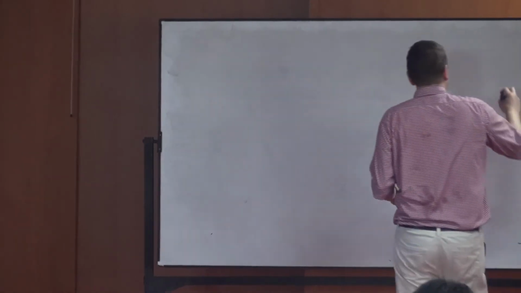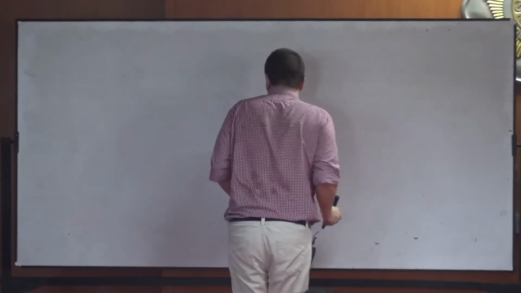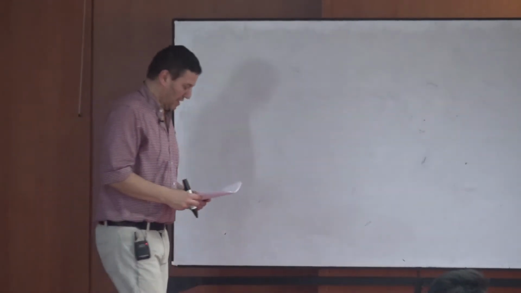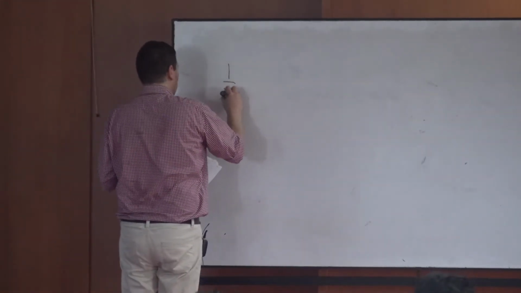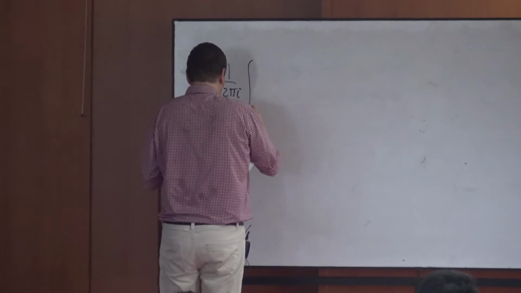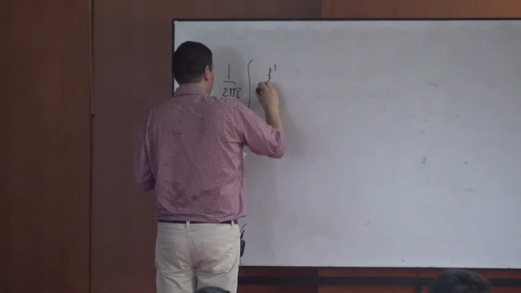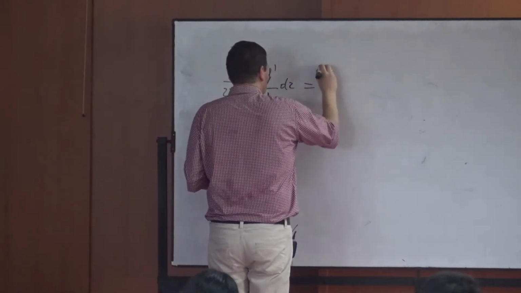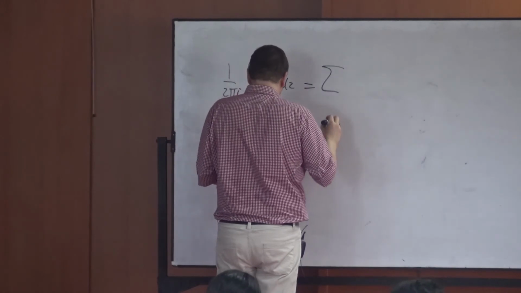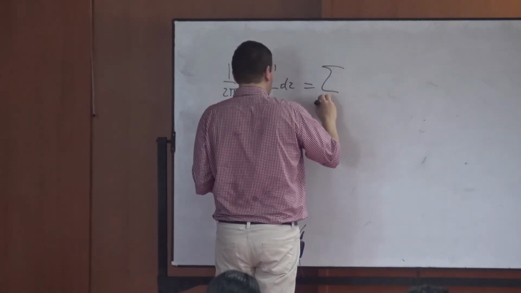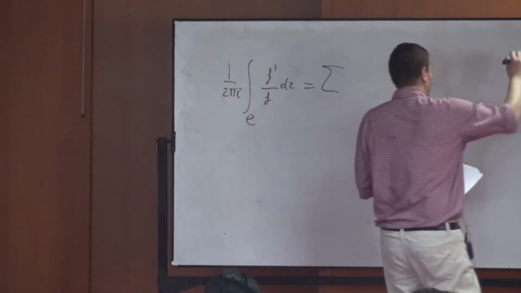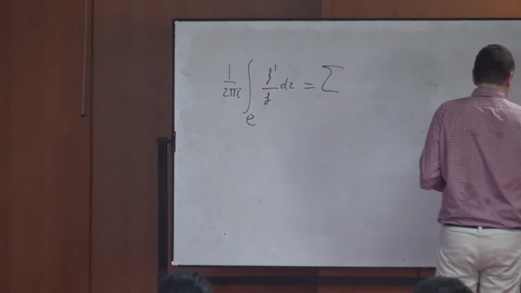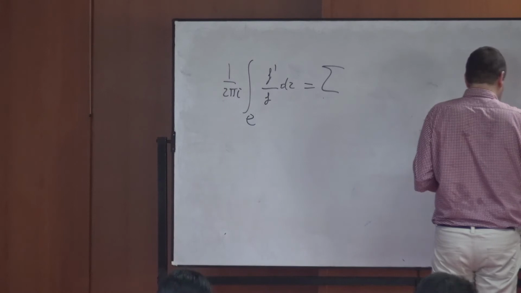If I have a contour, what do I have to integrate? To get the sum of the orders, I have to integrate 1 over 2 pi i, the integral over a contour of f prime over f d tau. It's equal to the summation of whatever is inside. Let me give you the picture. So we have this way. Here we go like this.